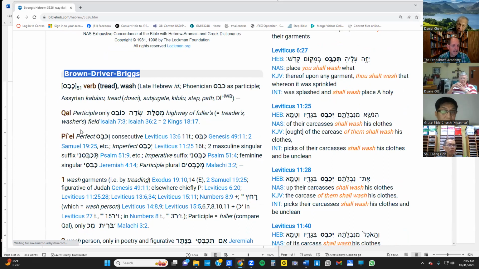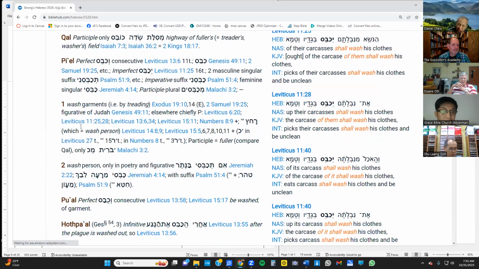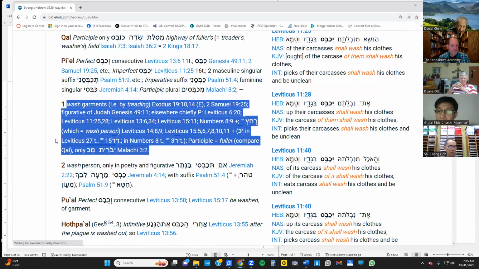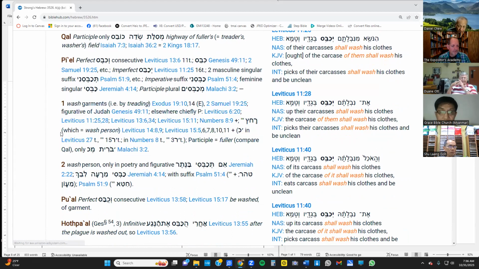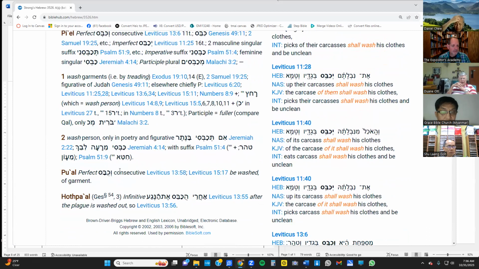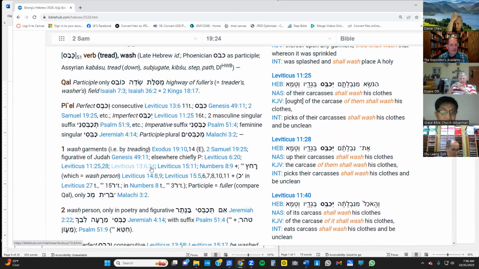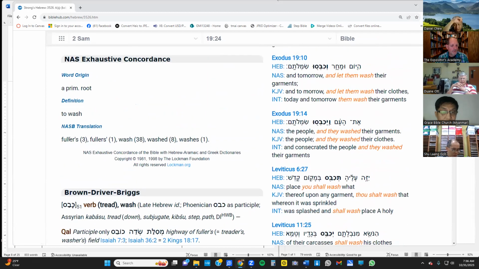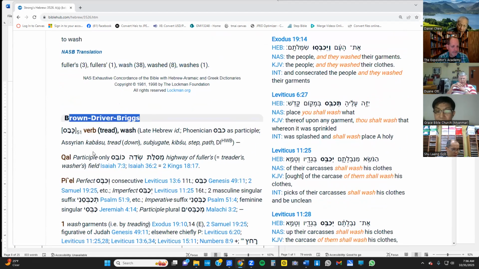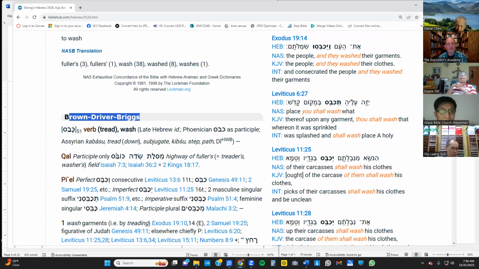And so notice this lexicon will have a number of definitions and some examples. To wash garments, to wash a person, only in a figurative sense. And that's pretty much just the idea of this word. And so we can see here, the NAS translation is pretty much wash or washed. That's the common translation here of the word. So here, Brown Driver Briggs, this is a lexicon. This gives the definitions of the word.